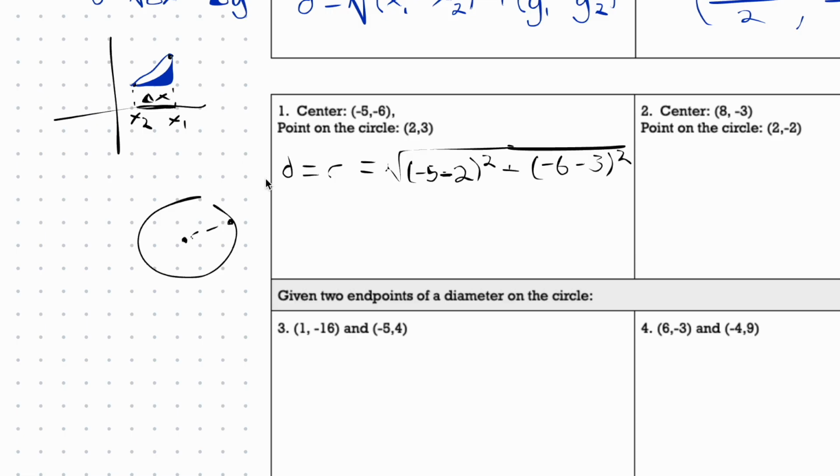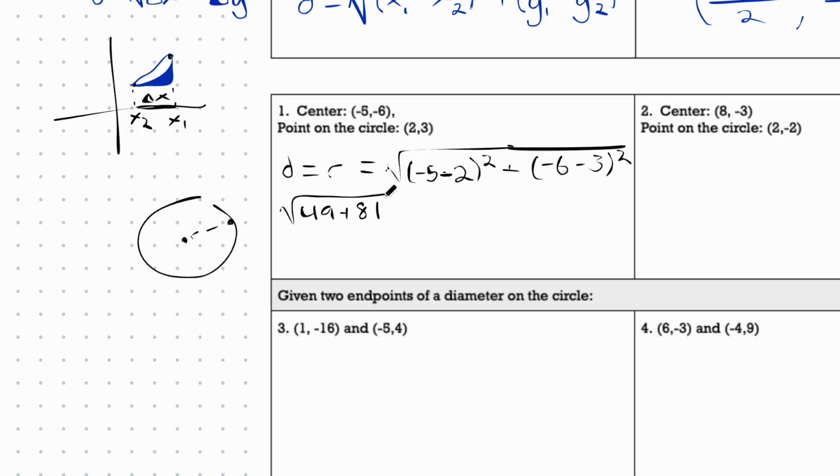So this is going to give us -5 minus 2 is -7. -7 squared is 49, plus -6 minus 3 is -9. -9 squared is 81.